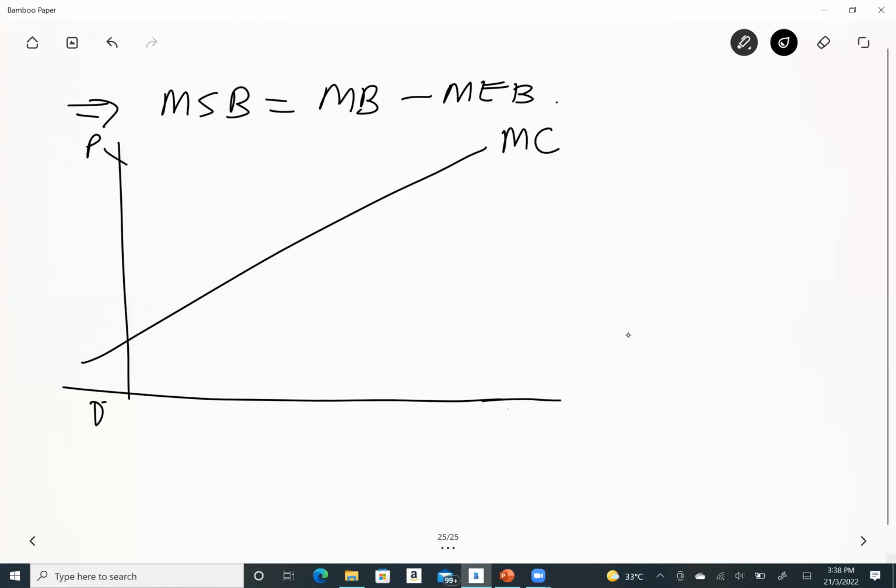So I draw marginal benefit. This is the marginal benefit. So if you have the marginal social benefit equal to this equation in terms of how we relate to MB, where is your marginal social benefit relative to the marginal benefit function?